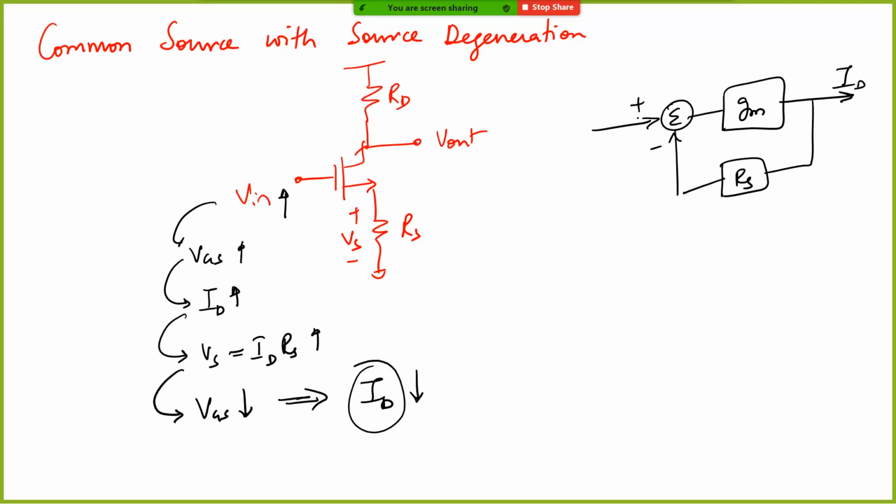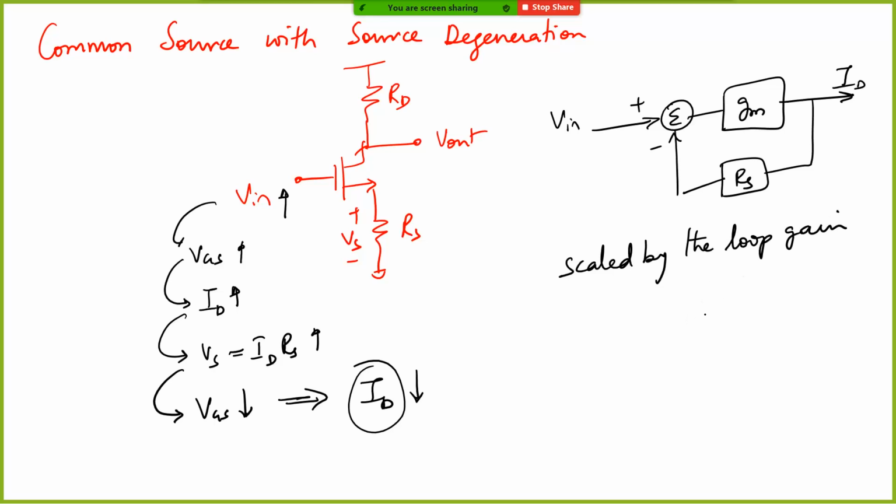It's in the voltage, so this is V in, and then you have I out, and this is the feedback loop. So we know that if you have a feedback loop, everything gets scaled by the loop gain, right? Now what is the loop gain here?